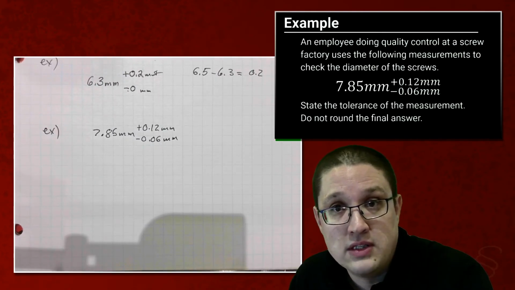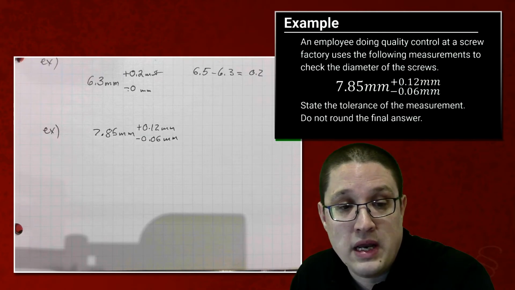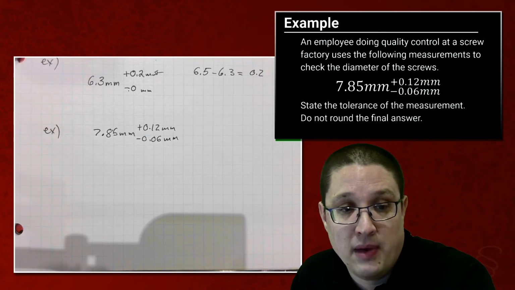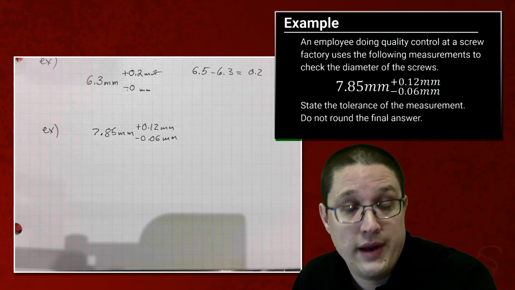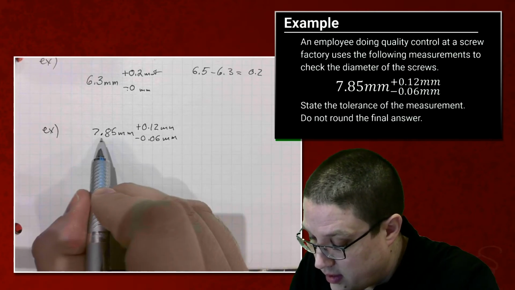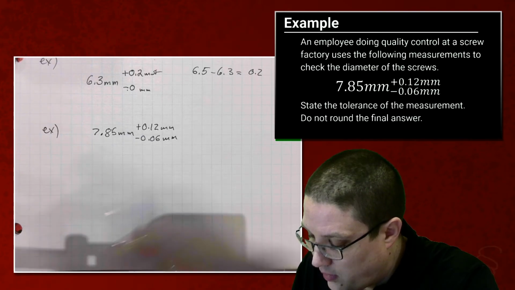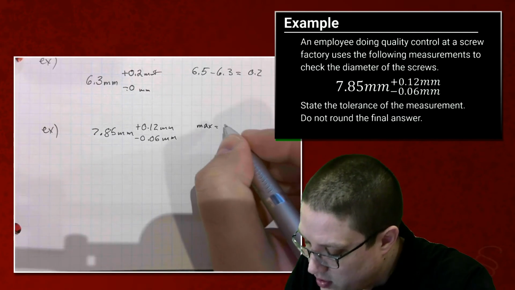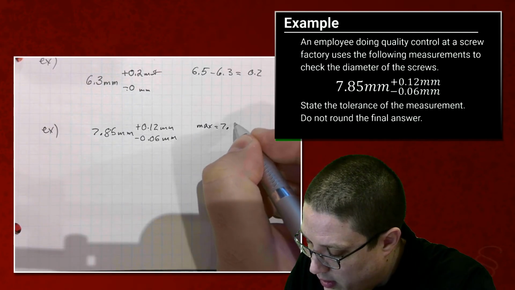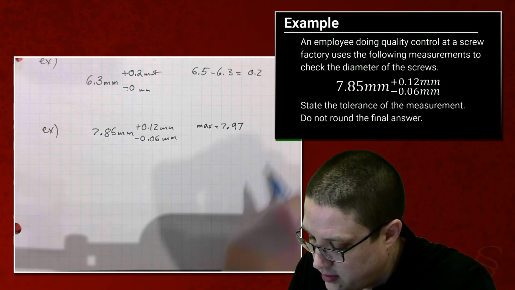My tolerance here would be the range from maximum to minimum. I have two ways I can find this out. The first way, which will always work, is I can go 7.85 plus 0.12. So my maximum is going to be 7.97.